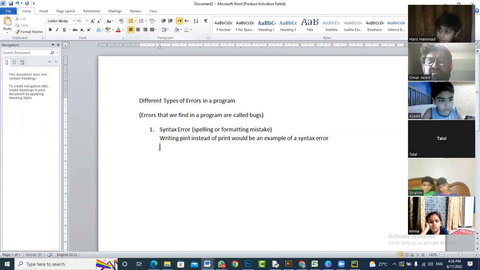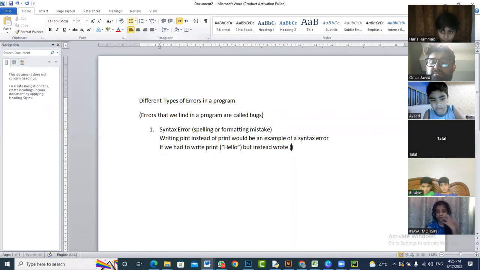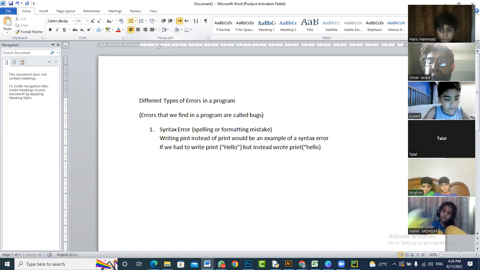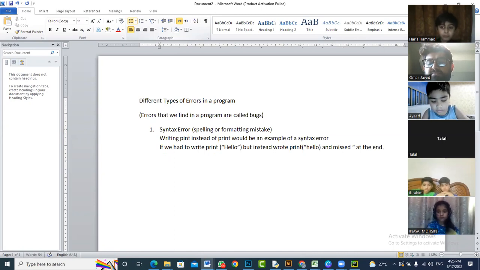Similarly, if you had to write a statement but missed a symbol at the end, that would also be an example of a syntax error.